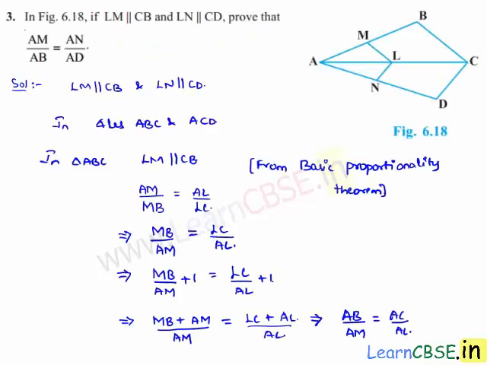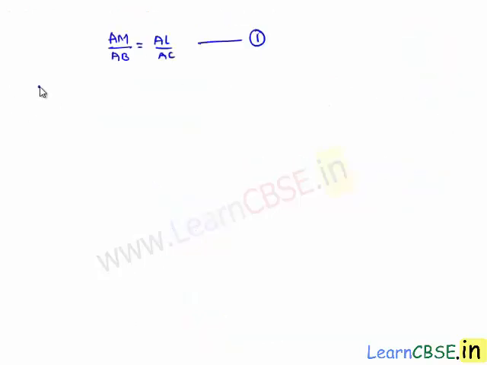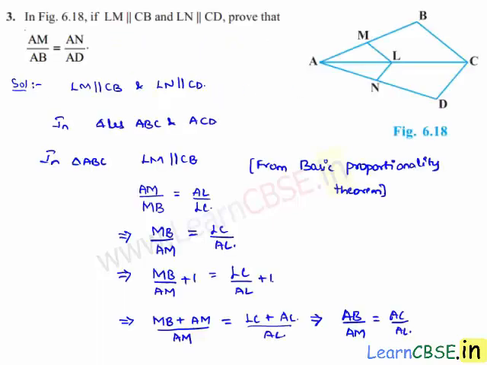Now let us also consider triangle ACD, where LN is parallel to CD. Therefore, by the basic proportionality theorem, we can say that AN by ND will be equal to AL by LC.